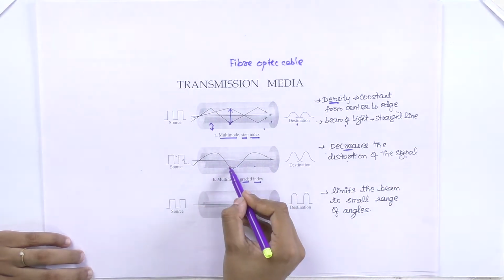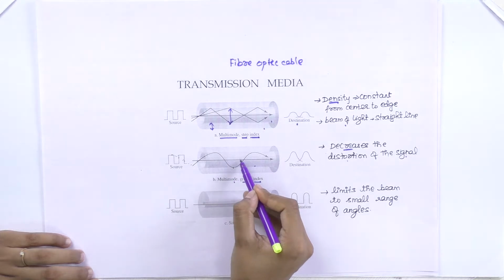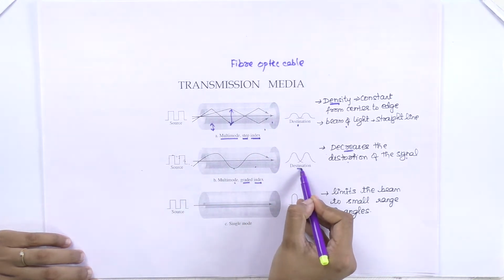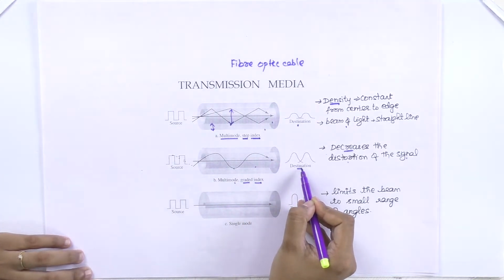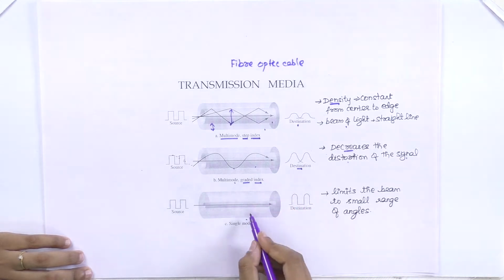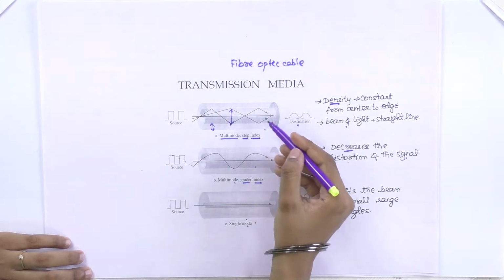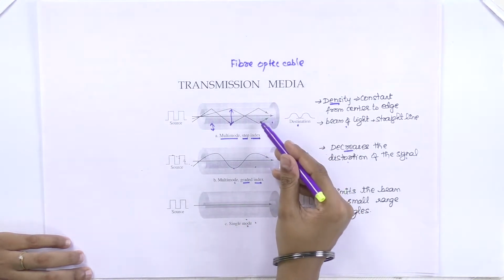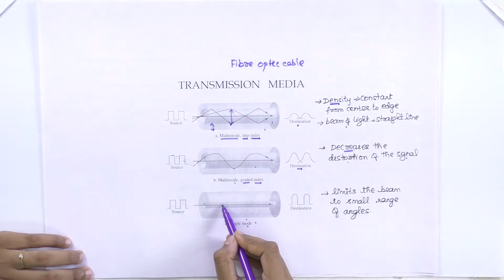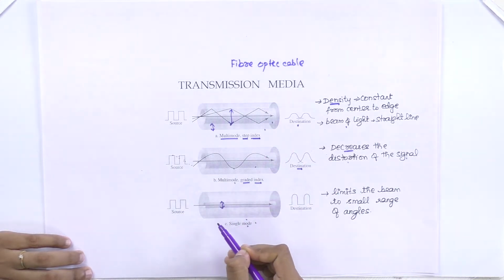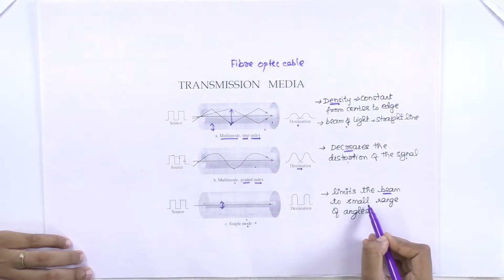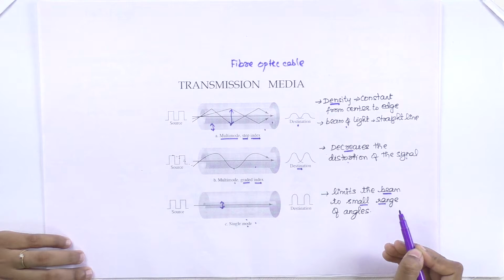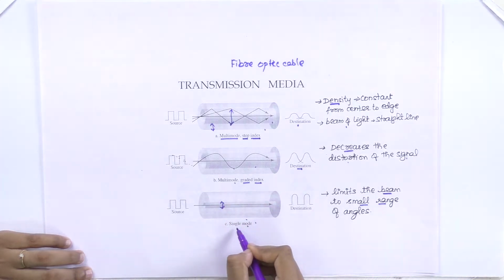Look at this, it is just one single wave that goes smoothly and reaches the destination. The next one is the single mode index. Compared to the diameter of the core in multimode, here the core is smaller and it limits the beam to a small range. So this is the single mode.